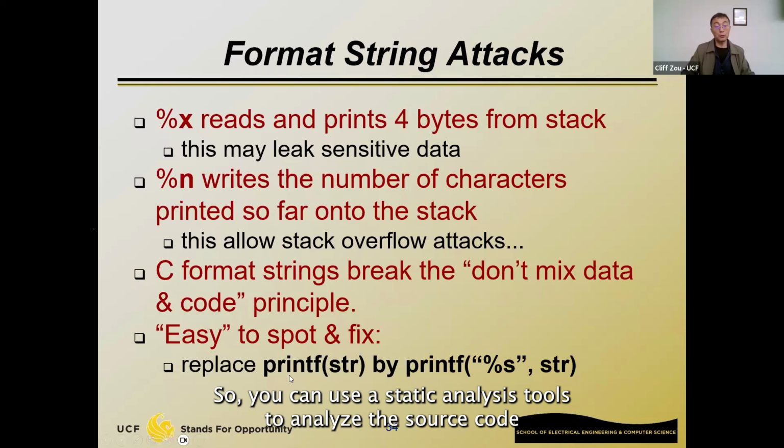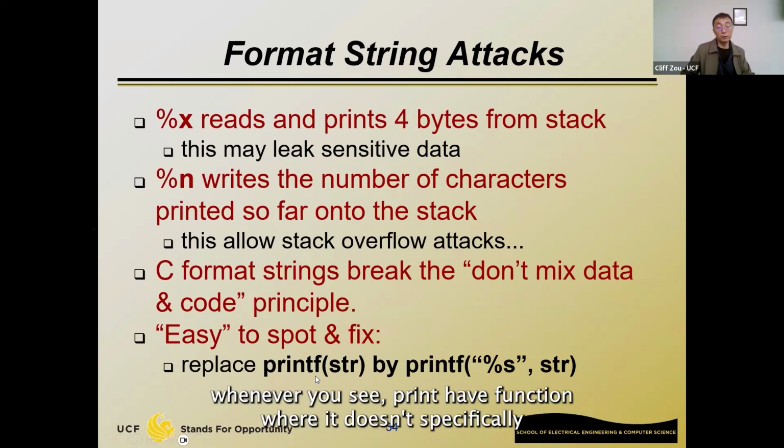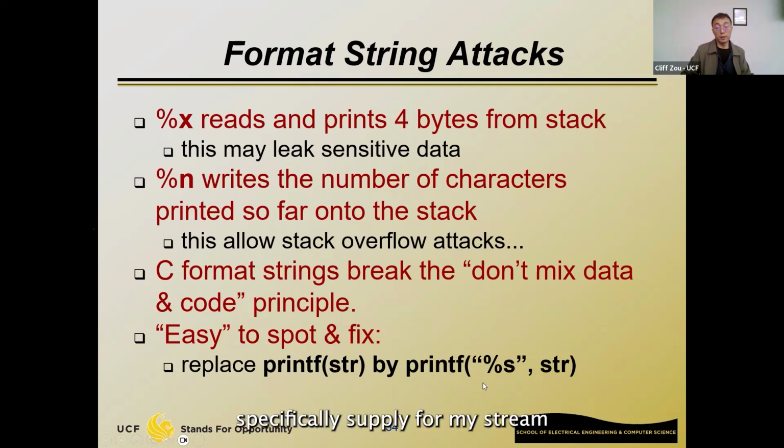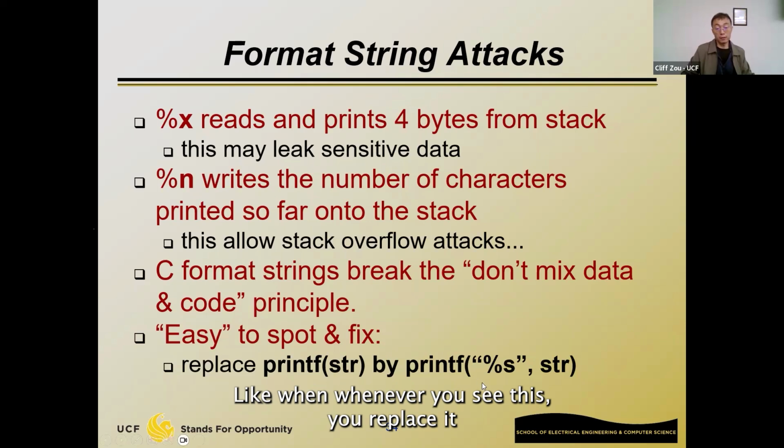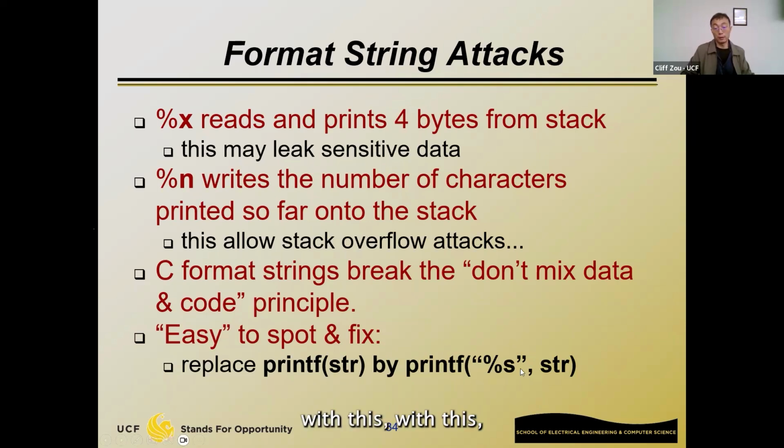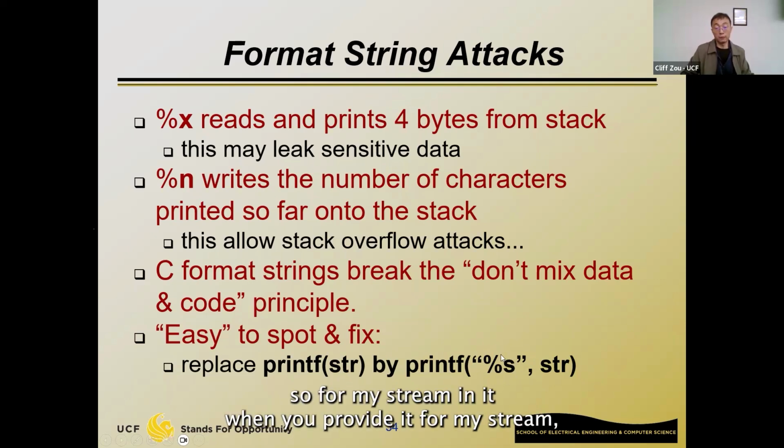So you can use static analysis tools to analyze the source code. Whenever you see a printf function where it doesn't specifically supply a format string, you give a warning and you can automatically change it. Whenever you see this, you replace it with this command by explicitly providing the format string.